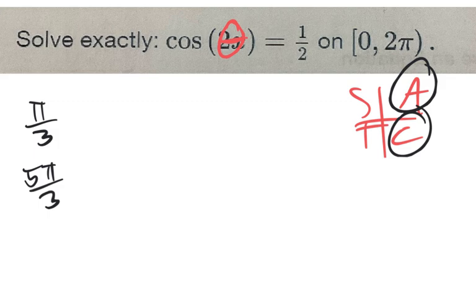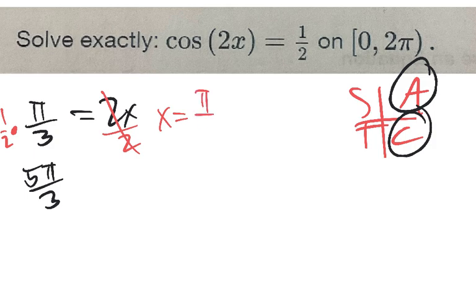But now think about what's really happening. This is what theta was equal to. So I need 2x to be equal to pi over 3. Which means I divide by 2, which is the same thing as multiplying by the reciprocal, which means x needs to be, so to make that angle be pi over 3, I need to plug in pi over 6.